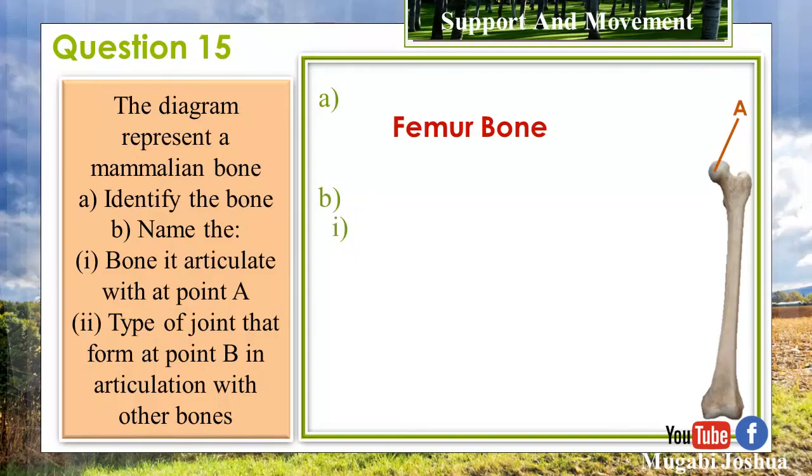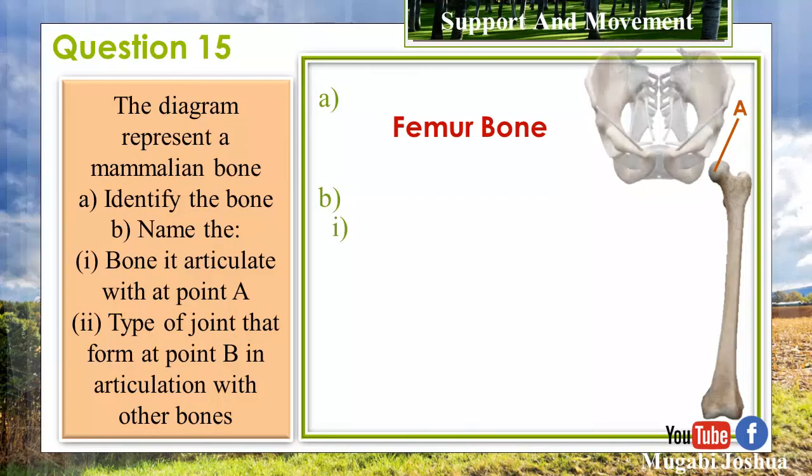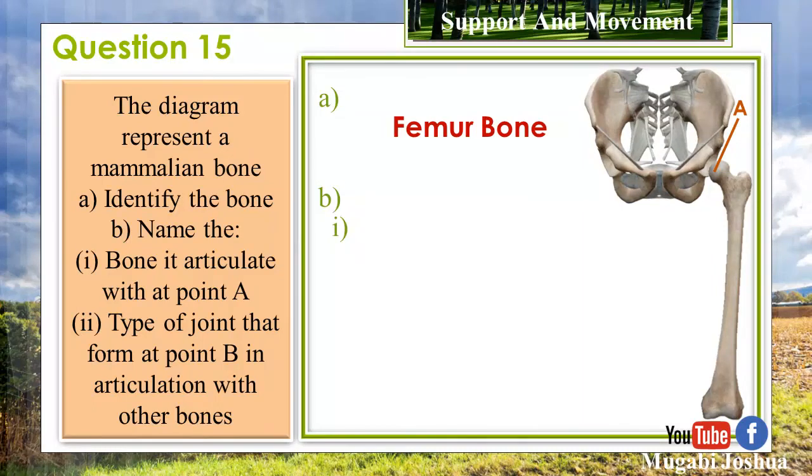Name the bone it articulates with at point A. At point A, our femur articulates with the pelvic girdle.